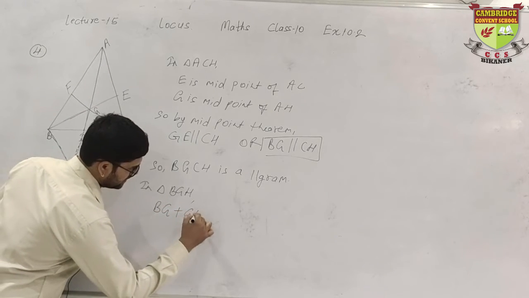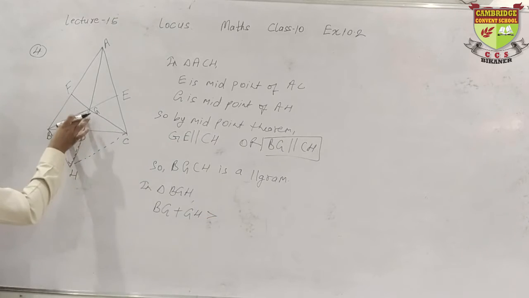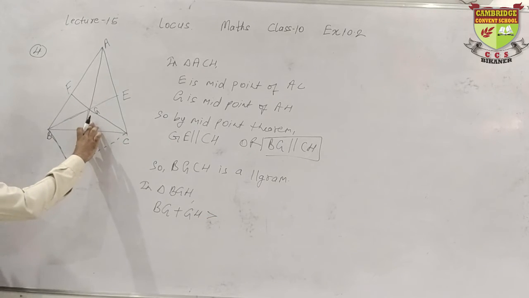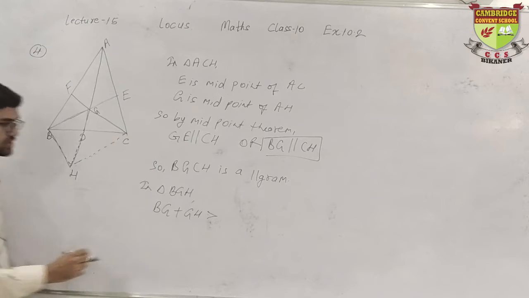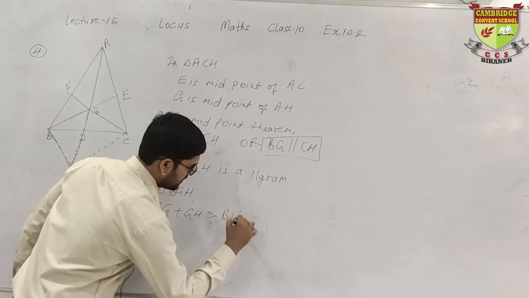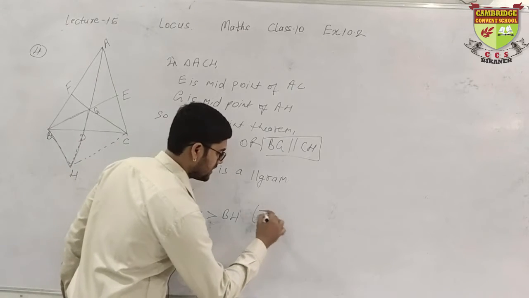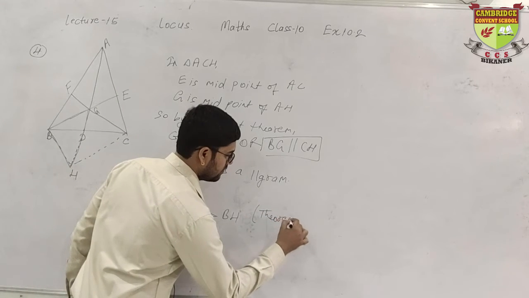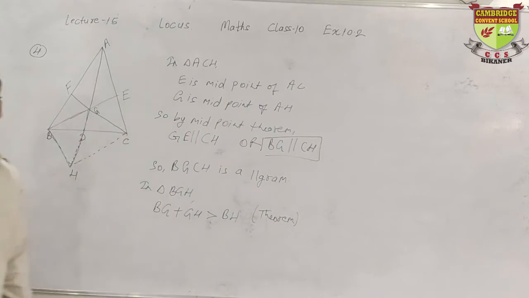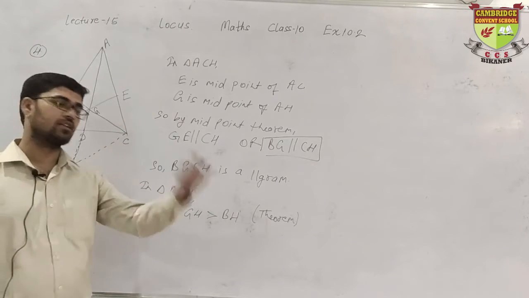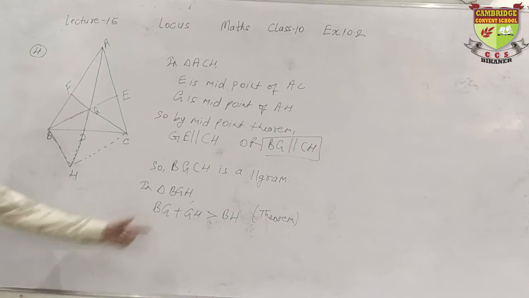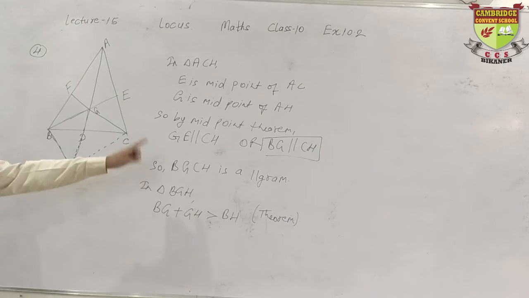BG plus GH, it will be greater than BH, right? Why? Because it is a theorem which says the sum of two sides of a triangle is always greater than the third side, right? So this is done. I hope firstly you must note this up to here, because I will have to erase this.